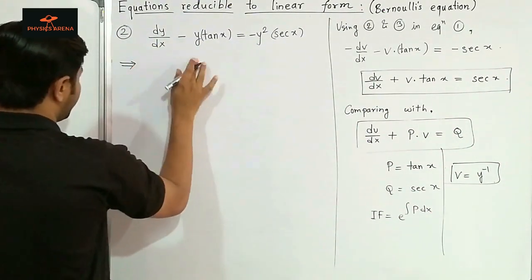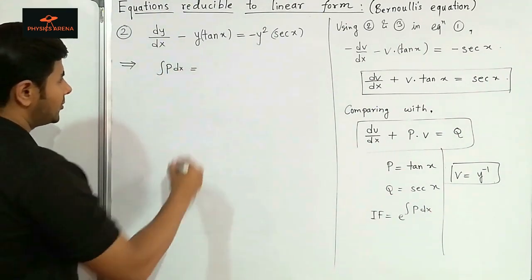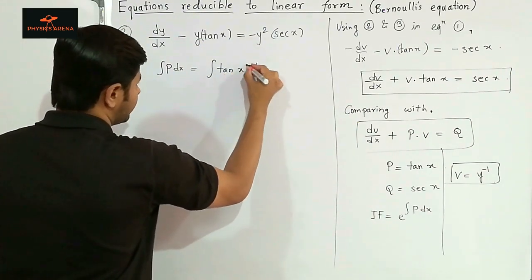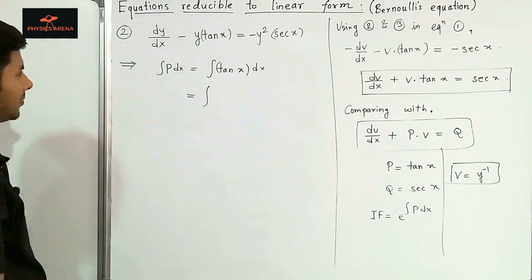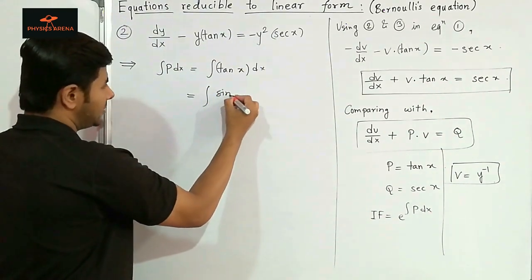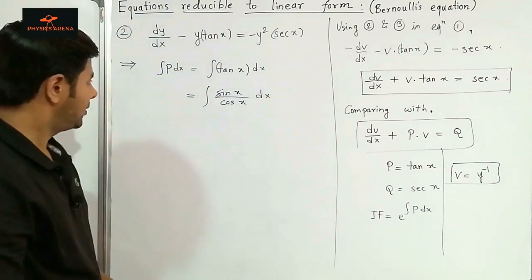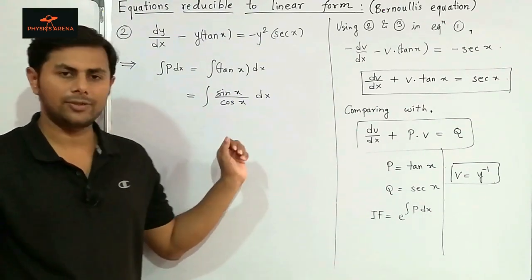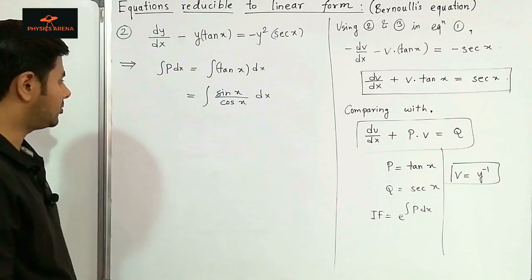Now integral of p dx equals to integral of tan x, and this is a simple integral to do because it is just sin x over cosine x dx. We can take u equals to cos x, so sin x its derivative, so this is simple to solve.